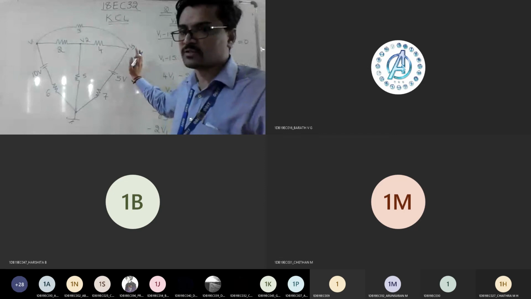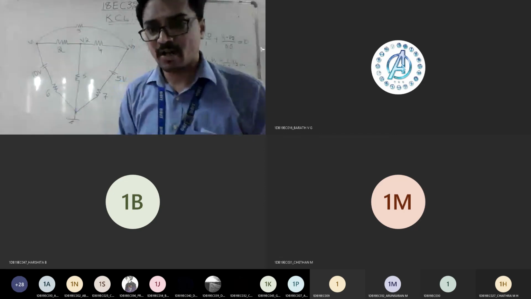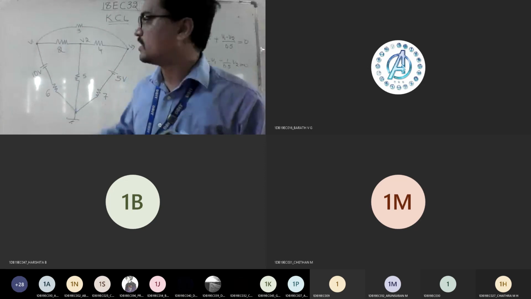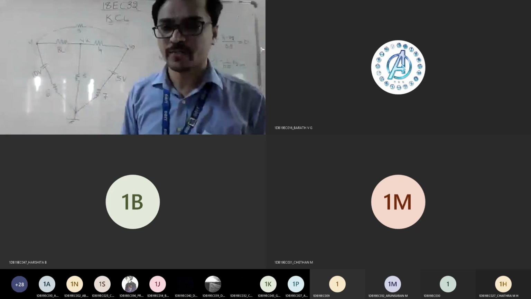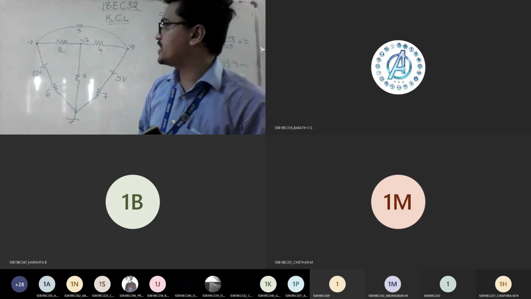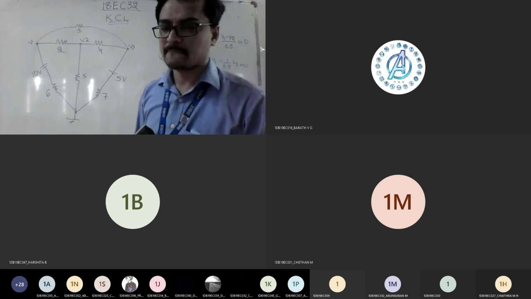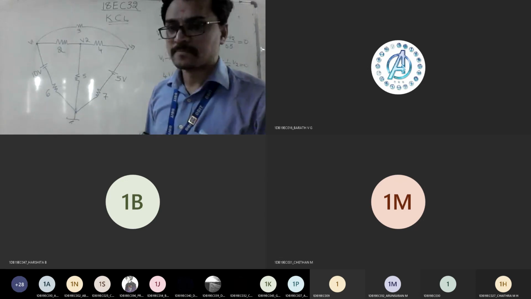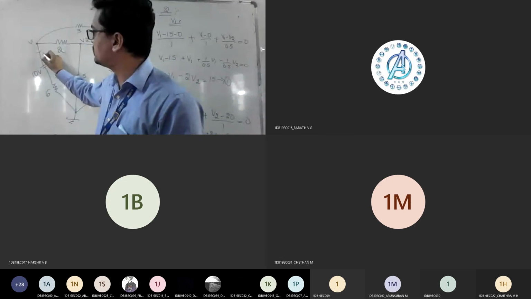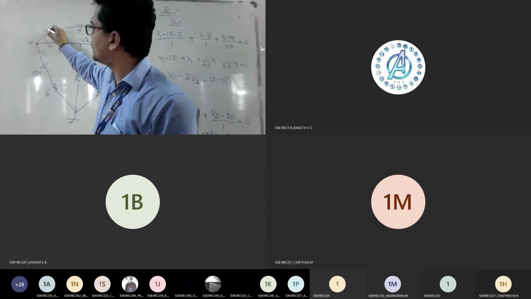Whichever method you want, solve. But for your verification, try to solve at least one problem with both methods, so that you get an idea how to handle entering and leaving current. Now tell me, how many branch currents do you have? I can take this as I1, this as I2, and this as I3.